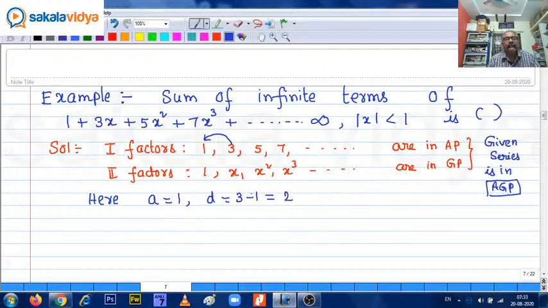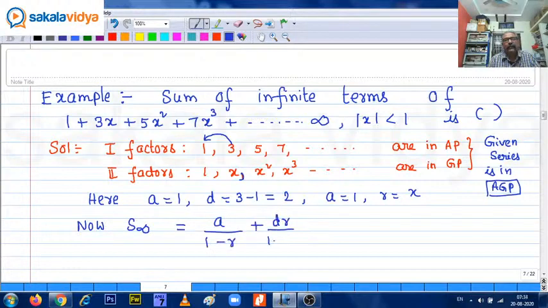And from the second factors we need to find out a value once again, a1 only. Here common ratio T2 by T1, x by 1, x. Now S infinity for AGP is, what is the formula? a by 1 minus r plus dr by 1 minus r whole square.